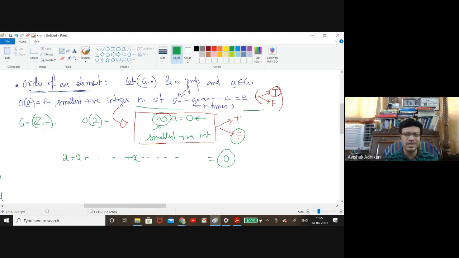If no such n exists, then we call the order of that element infinite. Some books say infinite order, some books say order 0. So if this kind of n exists for this a, we call the order of a as n, and if no such n exists, we call the order of a as infinite.